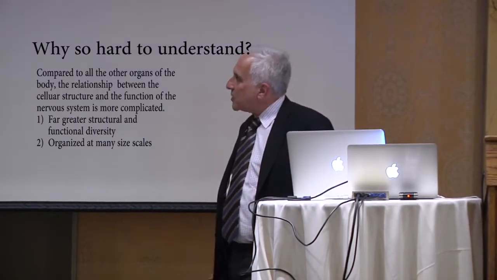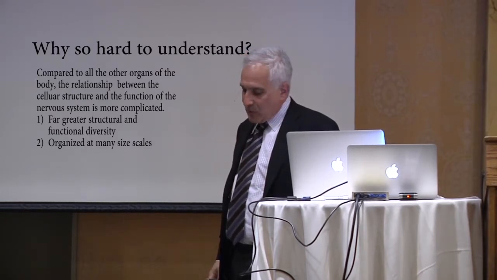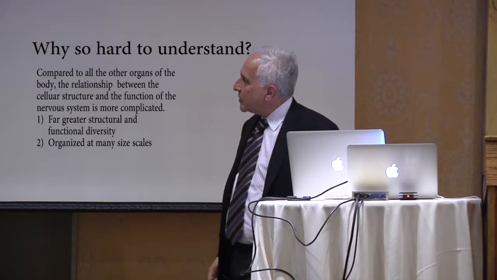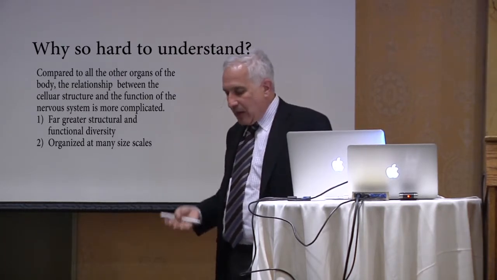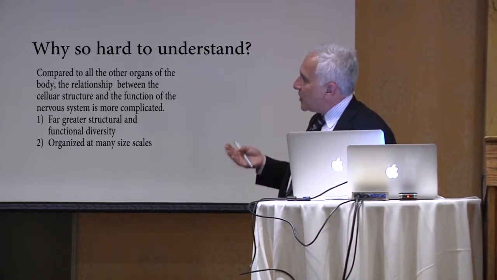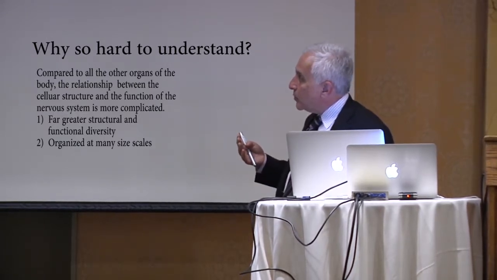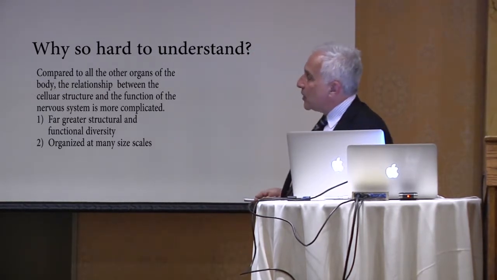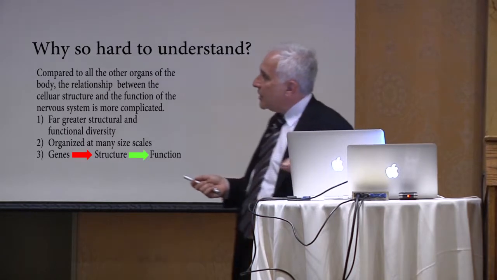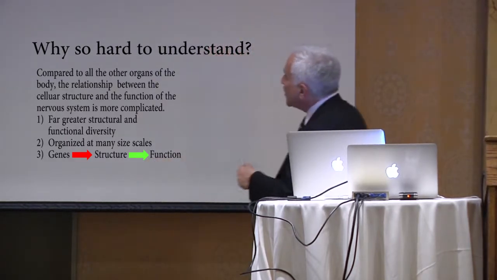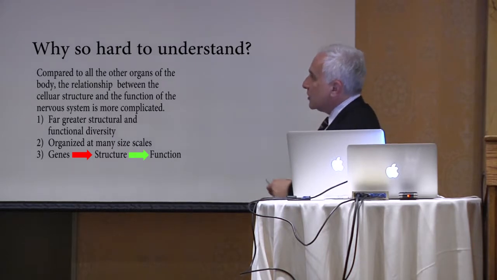There's a third reason, and I think this is maybe the most interesting, and it separates the brain from all the other organs as well. The brain, like other organs, came into existence in your development through a book of instructions known as your genome, your genes. Your genes build your brain, and that structure generates a brain that has function.